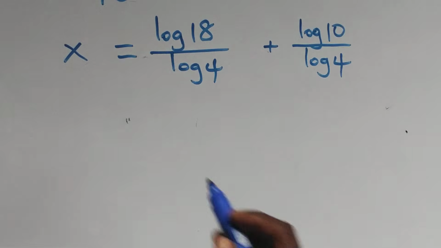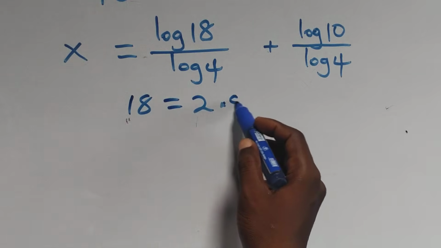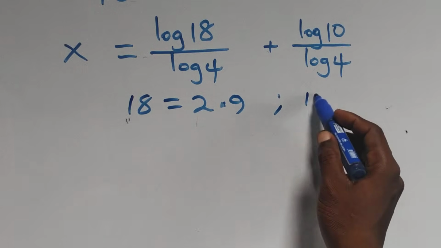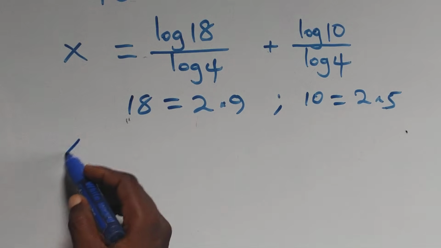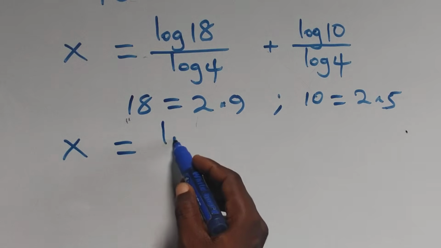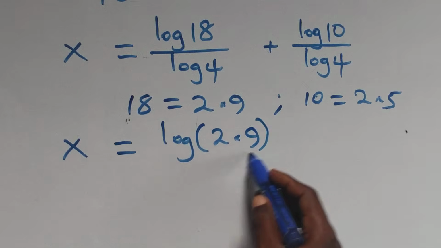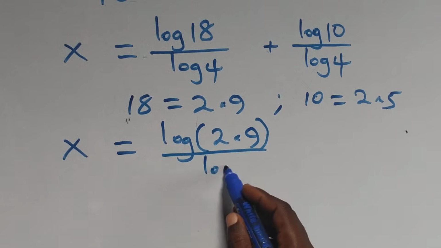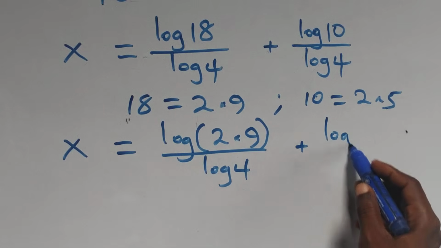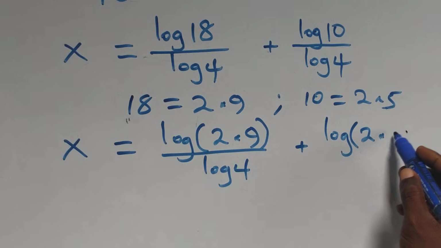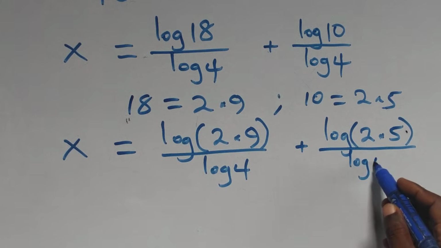Next step here, we can simplify this and we write 18 as 2 times 9, and also 10 here can be written as 2 times 5. So this equation becomes x equals log 2 times 9 over log 4 plus, also here we have log 2 times 5 over log 4.